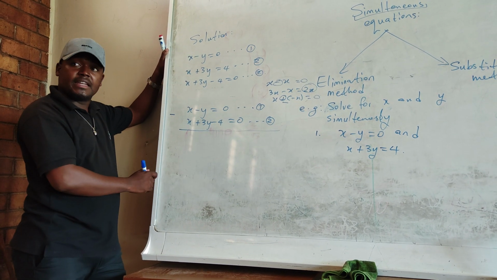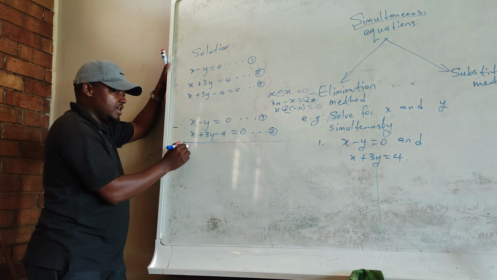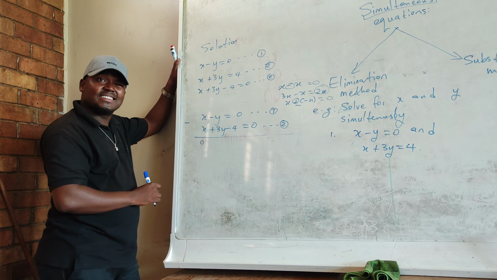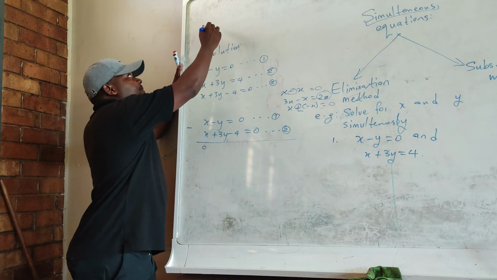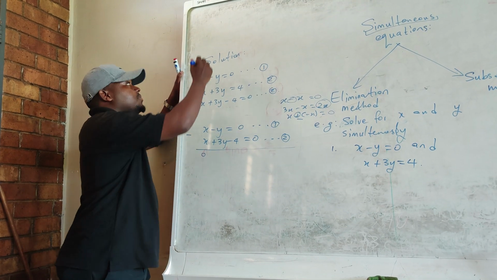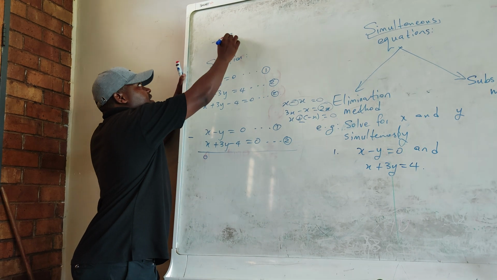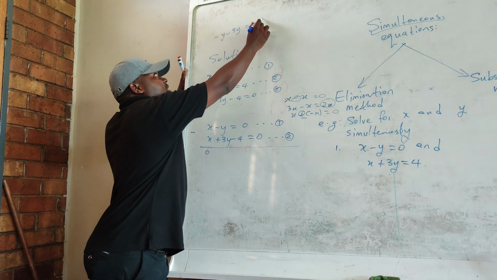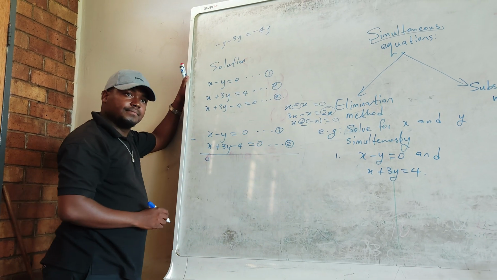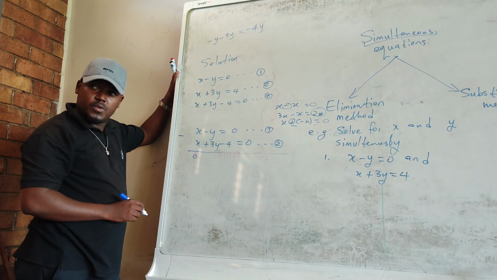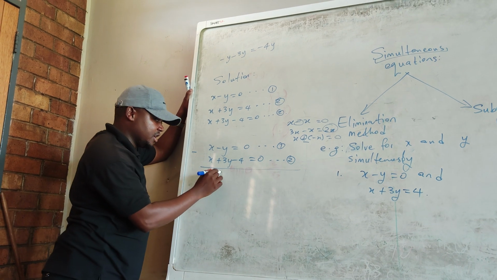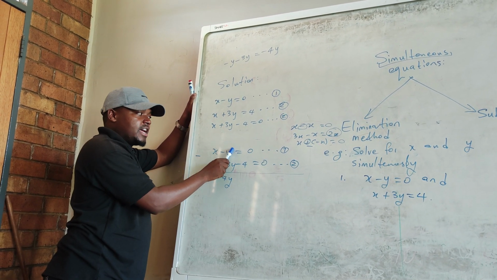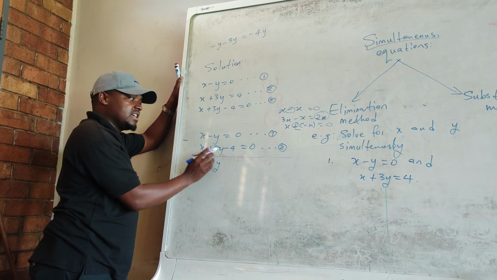Everything, I subtract it. x minus x is 0. Negative y minus 3y, what is the answer? It will be negative 4y. And then there is no number here, so it is 0 minus 4.